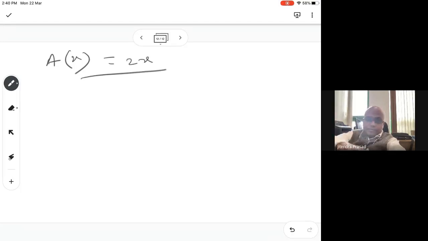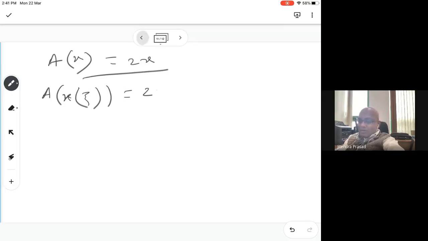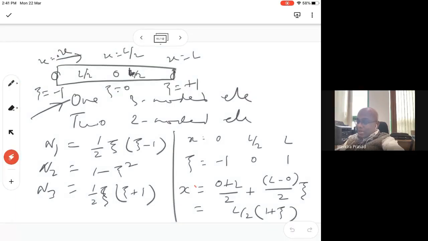Okay. Fine. So basically what you do in this case, if given A(x) equals 2x, then first thing you have to do is write A as a function of x, which is a function of xi now. So 2 times x, and x in terms of xi is x equal to L over 2, 1 plus xi.